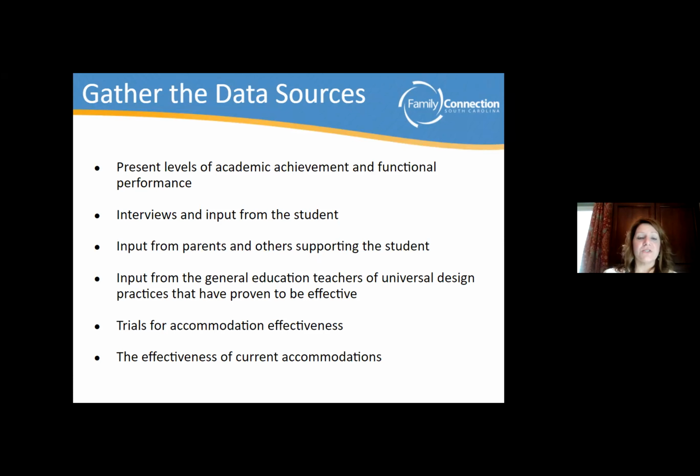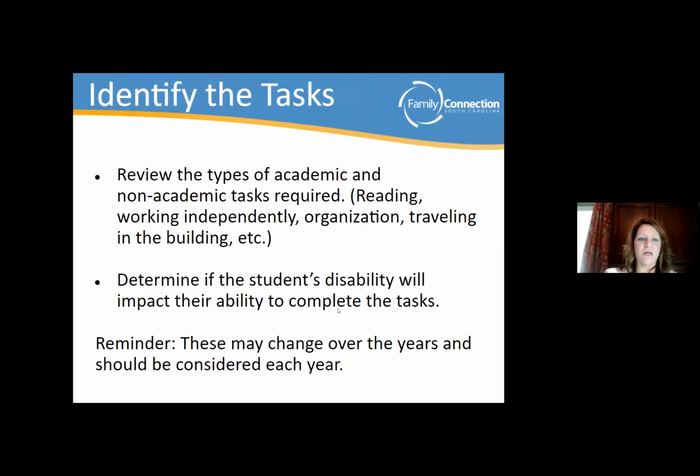A lot of the information you need to review if accommodations are appropriate or not, again, should be written into that IEP, and the strengths and the present levels and the impact of disability. That's why those sections all go together and lead in. So identifying, you'll review types of academic and non-academic tasks required. So are they required to read?